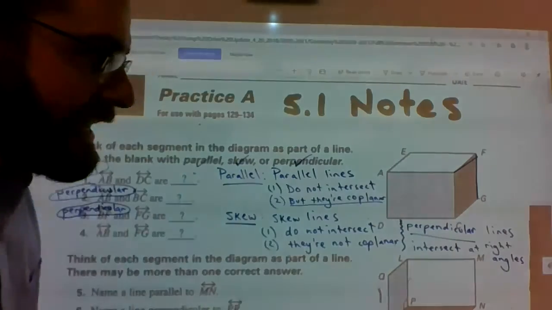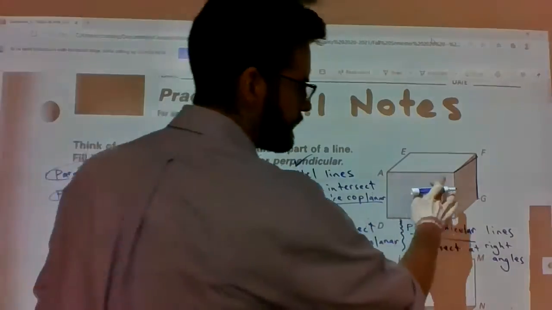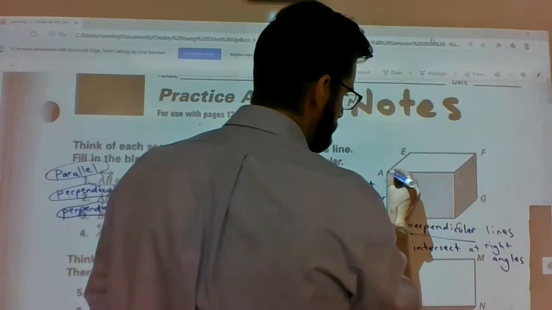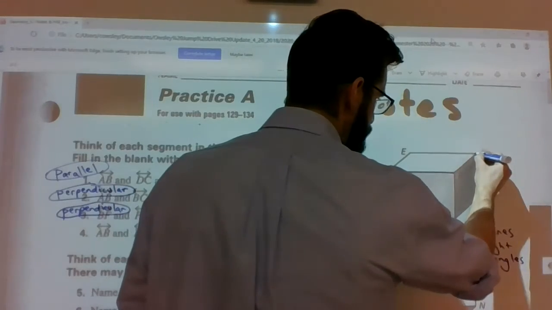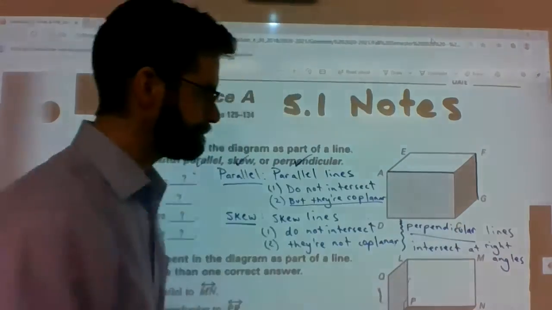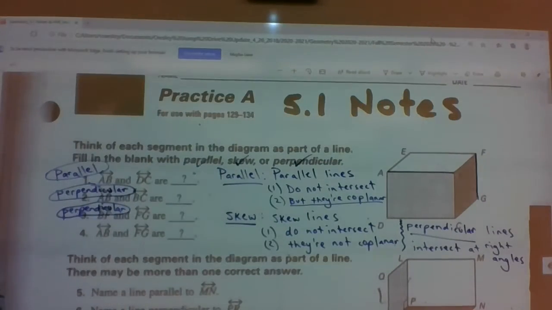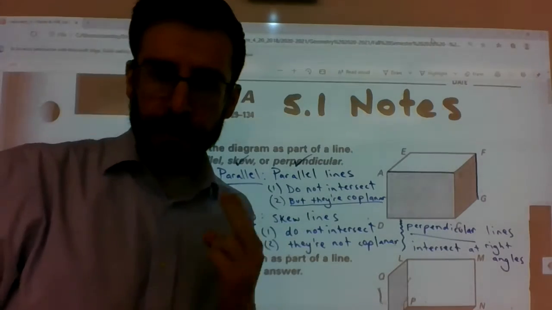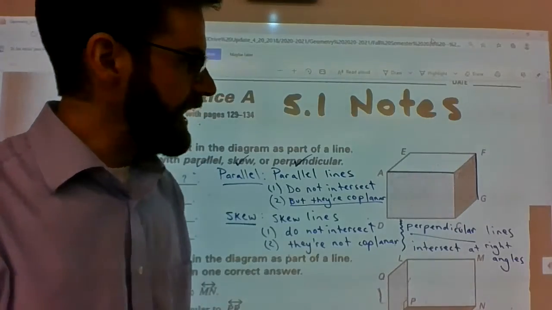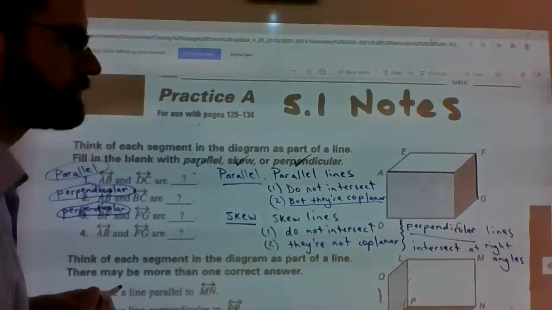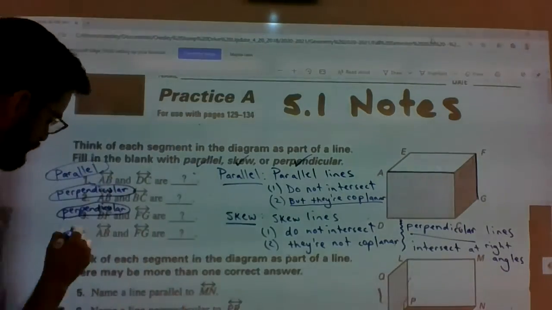Okay, AB and FG. Here's AB, here's FG. They exist on 2 separate planes, and they do not intersect. So that's the definition of skew lines.